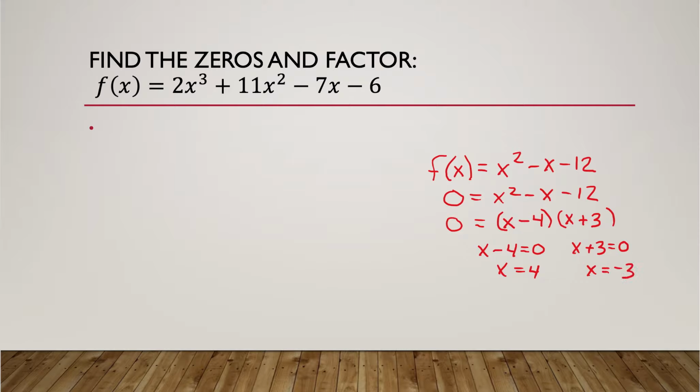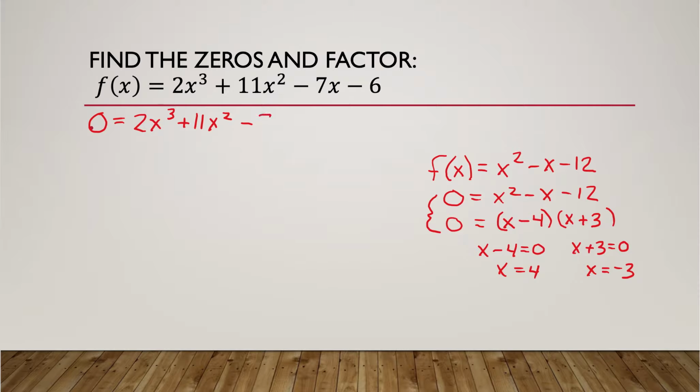So what I want you to think about as we move into this next section is the step that goes from the second line to the third line. So if I take this expression that they give me in this example, 2x cubed plus 11x squared minus 7x minus 6, and I set it equal to 0, and then I try to factor it, I'm going to get stuck.